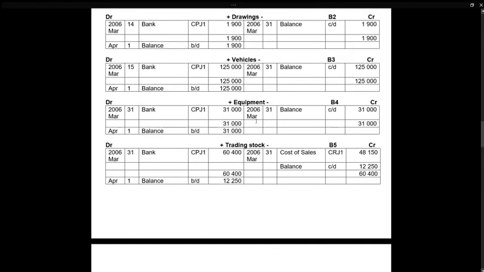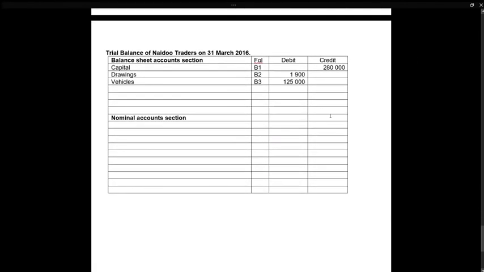Right, so B4 equipment, debit balance 31,000 Rand. Okay, so let's quickly fill it in. B4, and the amount was 31,000 Rand. So you can go and do this for each one. I'm quickly going to fill in the rest.